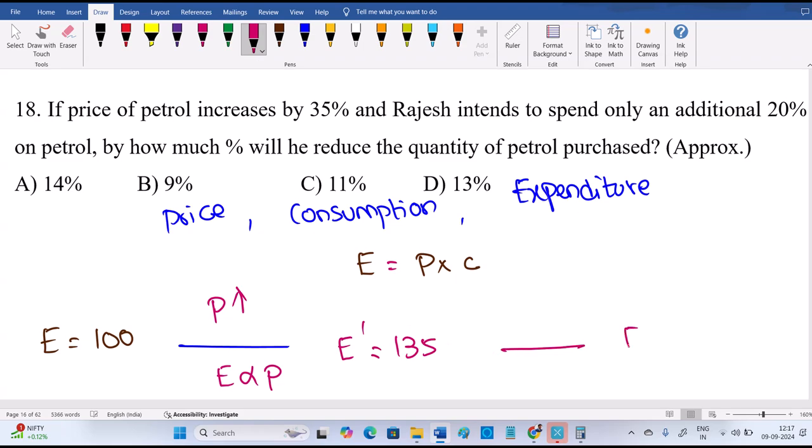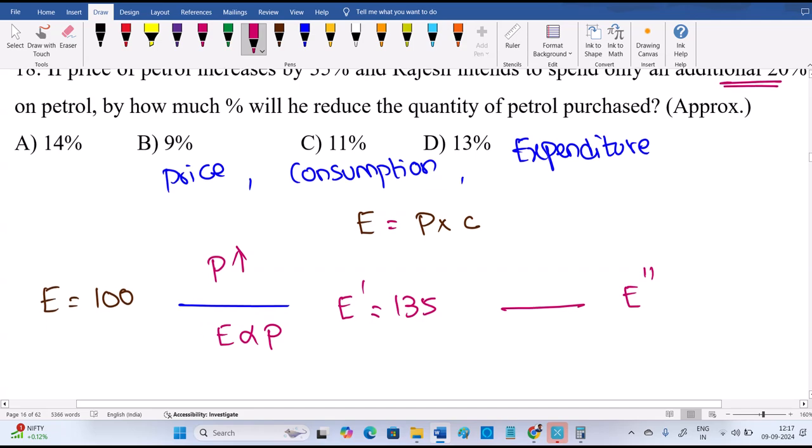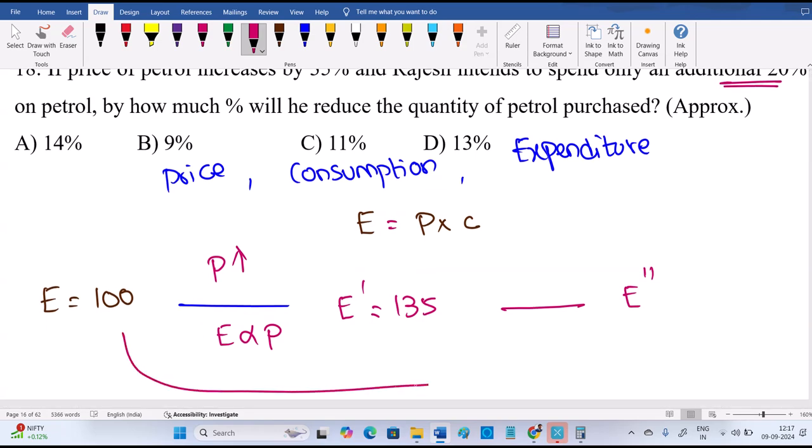But in the question they clearly said I can afford only 20% extra, means 120. If you want the same quantity, previously 1 liter, now also 1 liter, you need to spend 135 rupees. But you don't have 135, you have only 120 in your pocket.